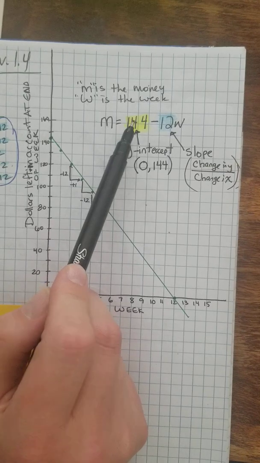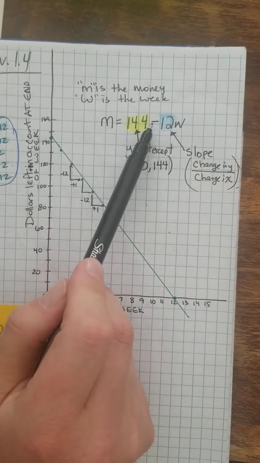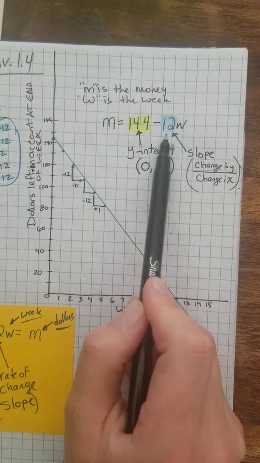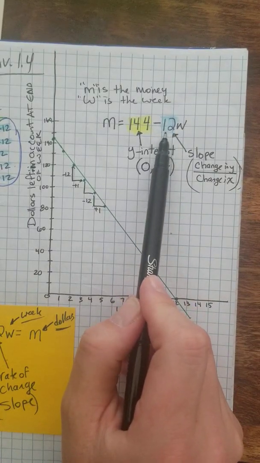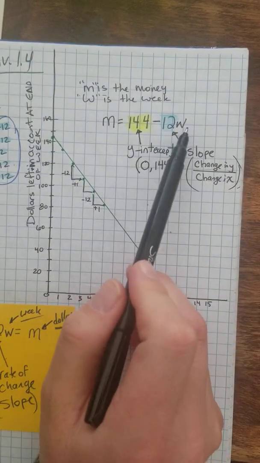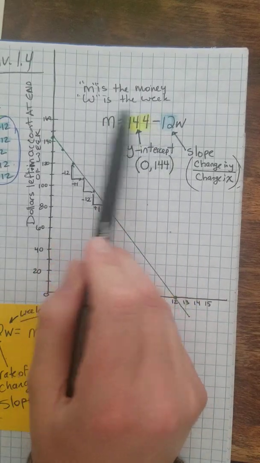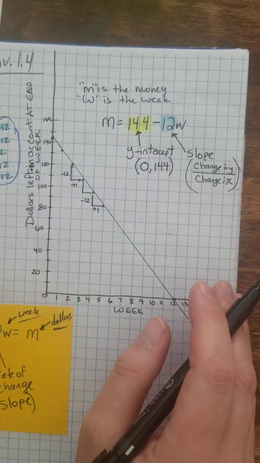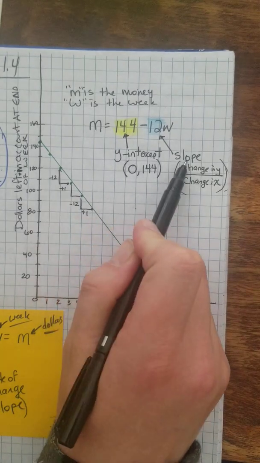You can actually write this 2 different ways. $144 minus $12 per week times the number of weeks. W is what I used for my number of weeks. I put a couple of notes here.